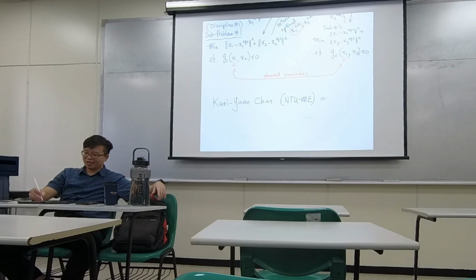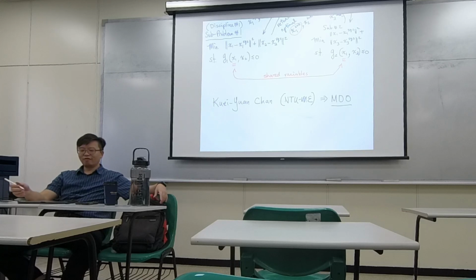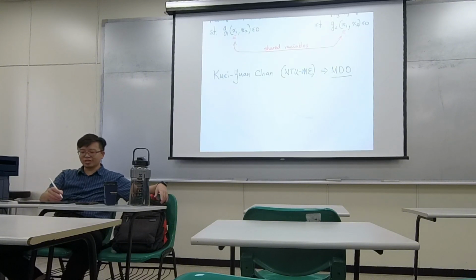So if you are interested in MDO in the future, you can go find his dissertation. They developed a method called ATC. What is ATC? Target cascade. Remember the method is called ATC, and T is target, and this is cascading.